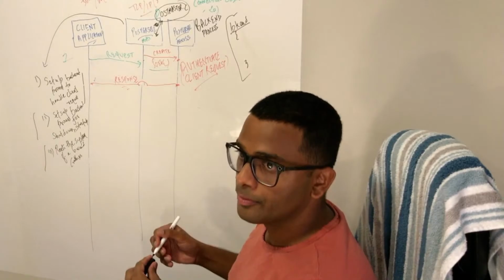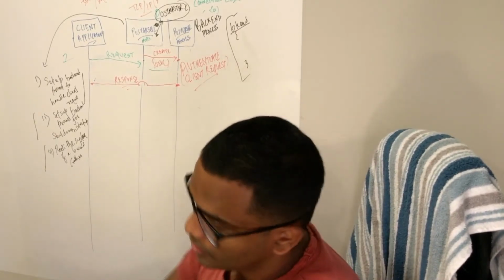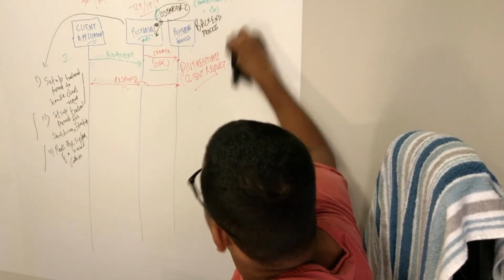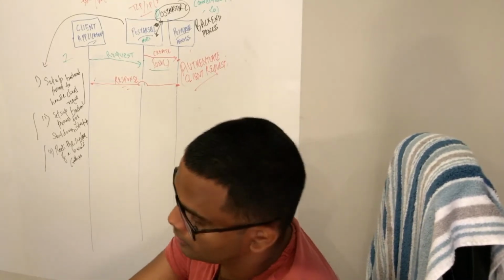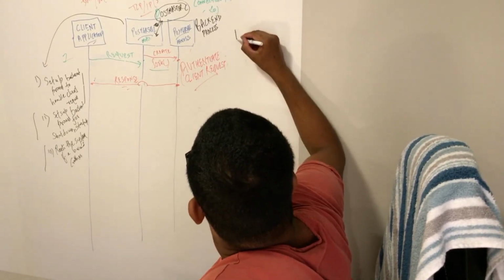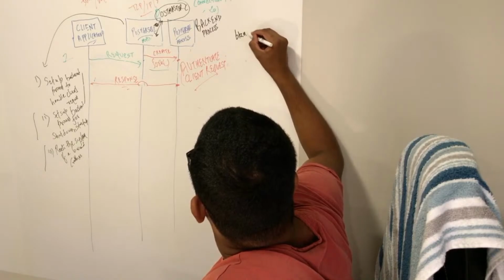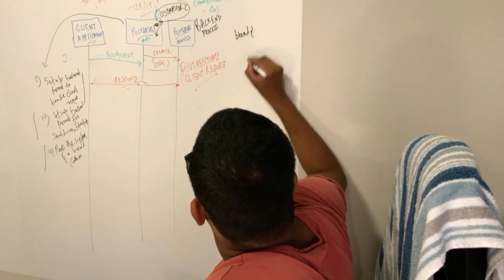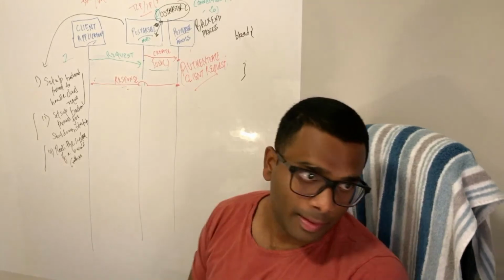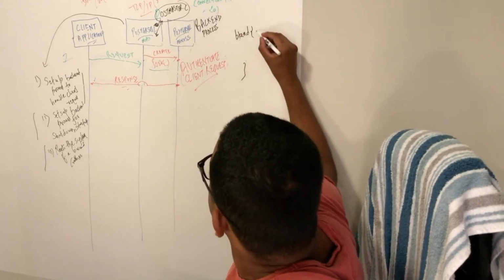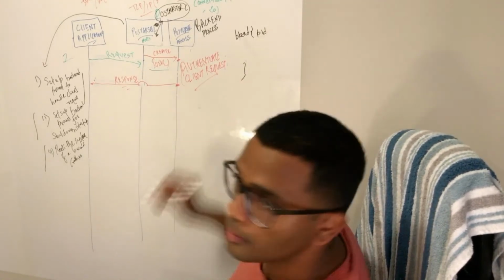Okay, so let's actually write this down right here so it becomes a bit more clear. So BKEND, and backend has a PID. Good.